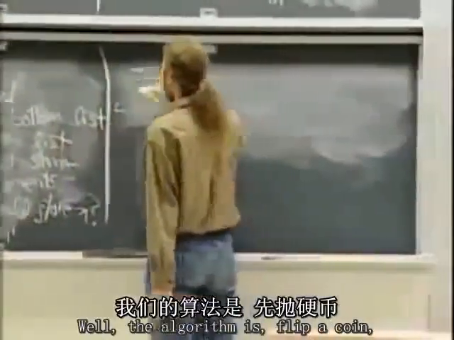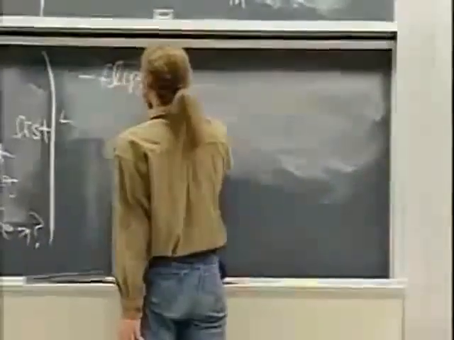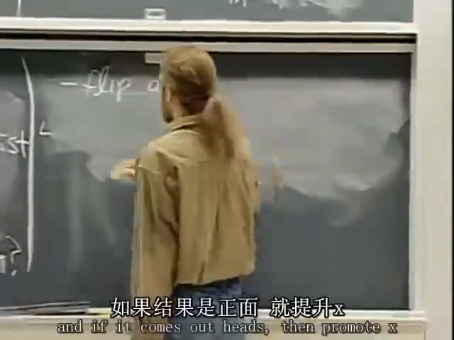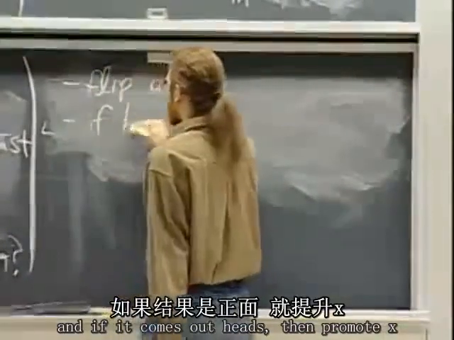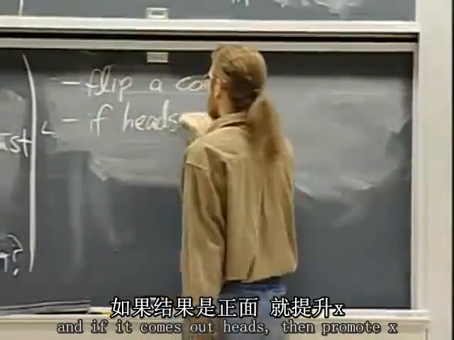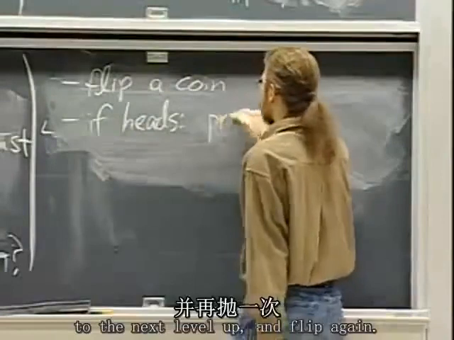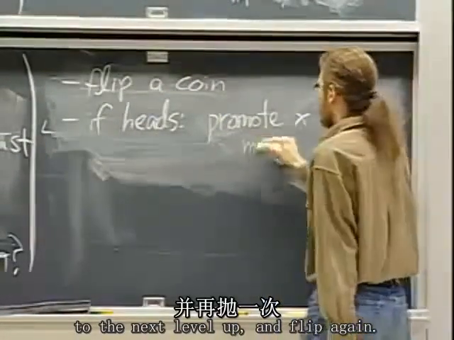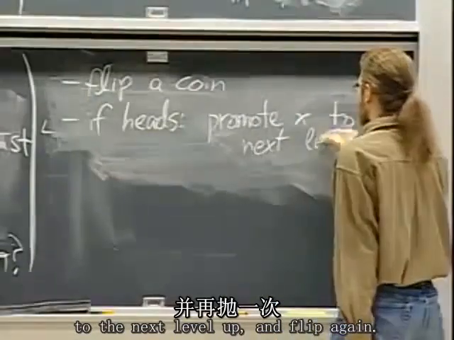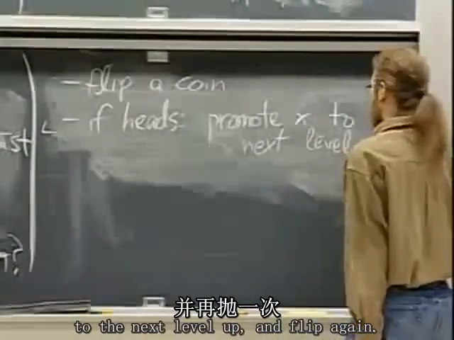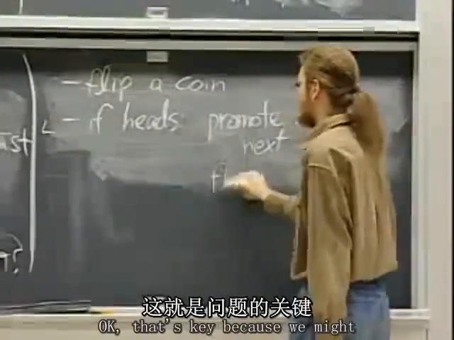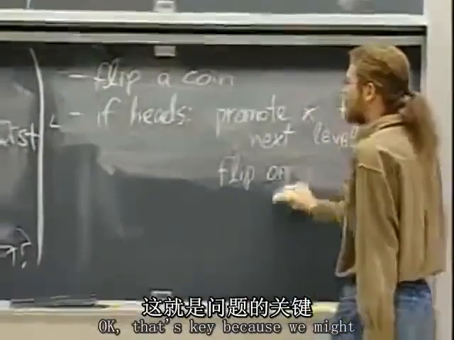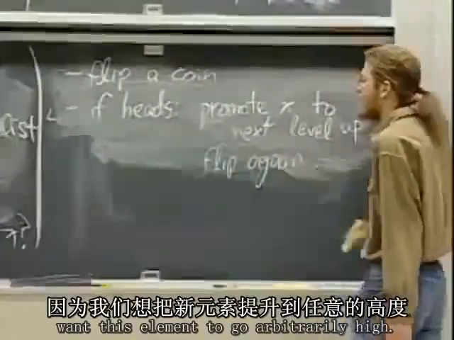Well, the algorithm is flip a coin, and if it comes out heads, then promote x to the next level up. And flip again. That's key, because we might want this element to go arbitrarily high.